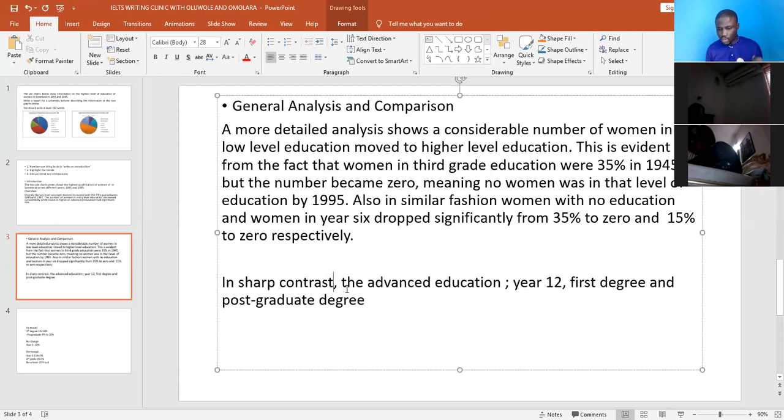In sharp contrast, the advanced education witnessed more women. This is not properly presented, so I will rephrase it.